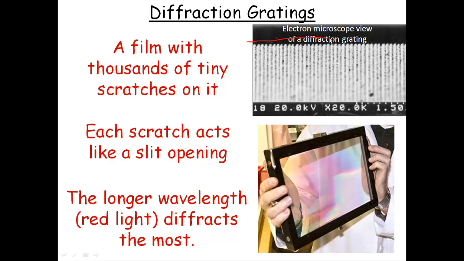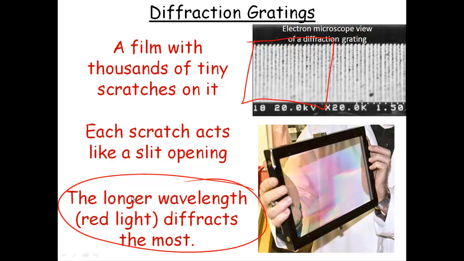You can see an electron microscope view of the tiny scratches in the film. As the light goes through those openings, it bends. It turns out longer wavelengths tend to diffract more. Because of that, the light gets scattered and you get the entire rainbow.